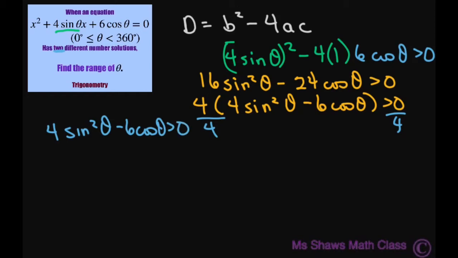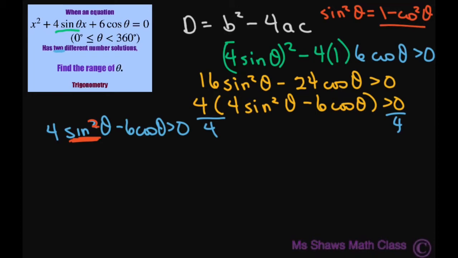All right, let's rewrite sine squared because we have this quadratic going on here. So we want to write this in terms of cosine. So I'm going to use the fact that sine squared of theta equals 1 minus cosine squared of theta using my Pythagorean identity.